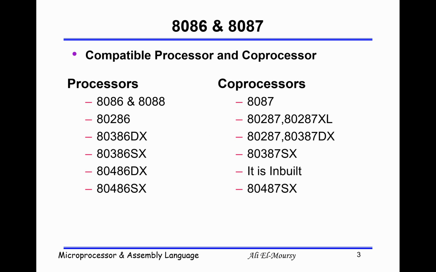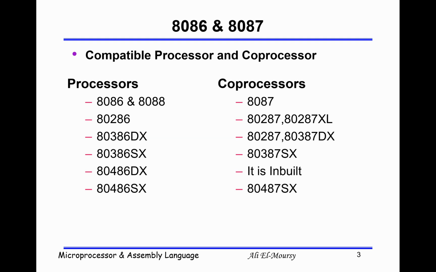In slide number 3, we can see the mapping between the main processor of the machine and the coprocessor model number. For 8086 or 8088, we use what's called the 8087 coprocessor for the floating point operations.